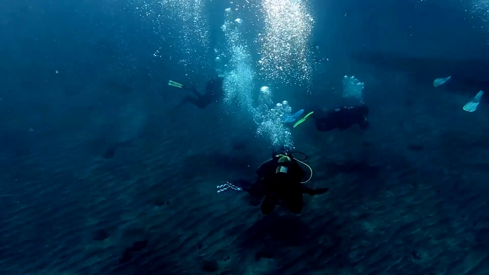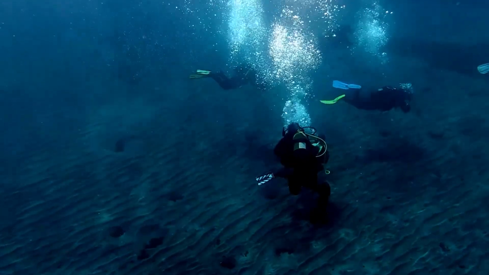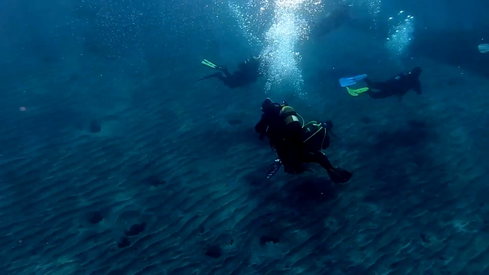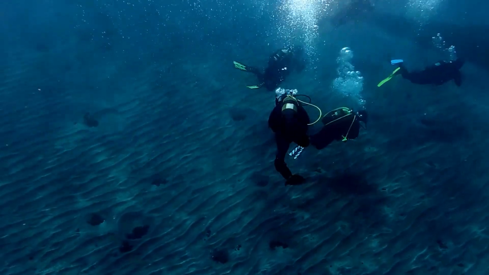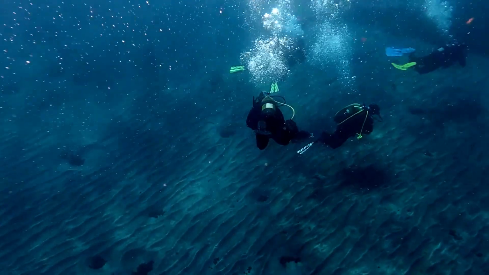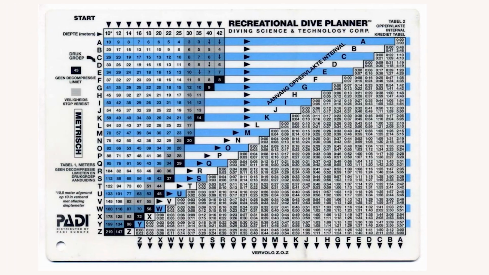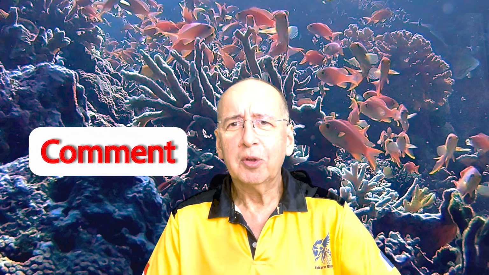Divers would then monitor their depth and time whilst on the dive to ensure that they stayed within the limits determined by that RDP. I don't plan to further explain the use of the RDP in this video, as the dive computer does these things automatically. So if people want more detail on the RDP, then please let me know in the comments and I can do a separate video on that.